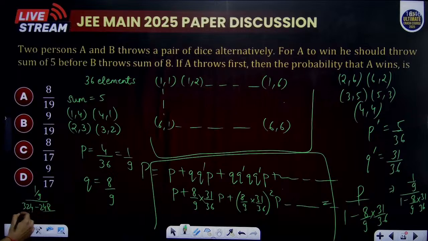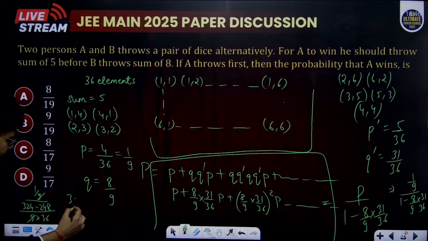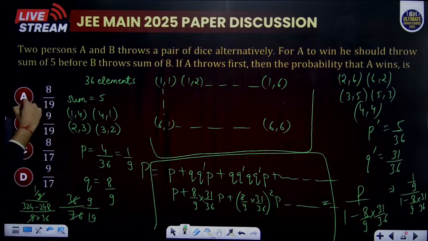Upon 9 into 36, which is, 9 and 9 will cancel out. You'll get 36 upon 324 minus 248, which is 76.